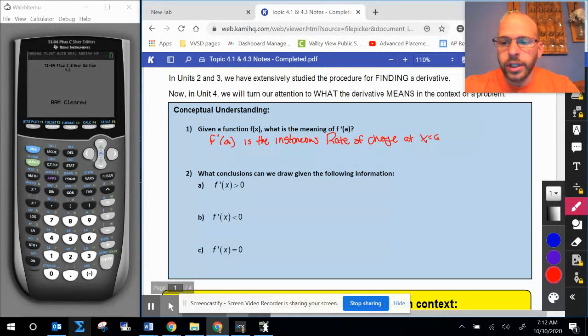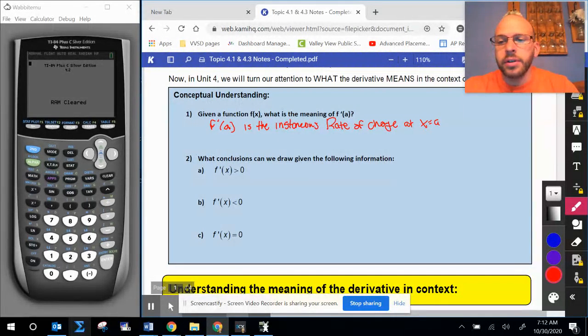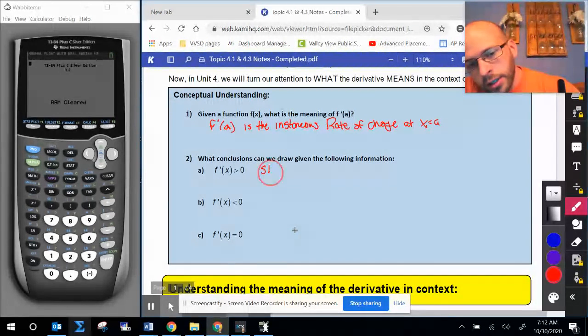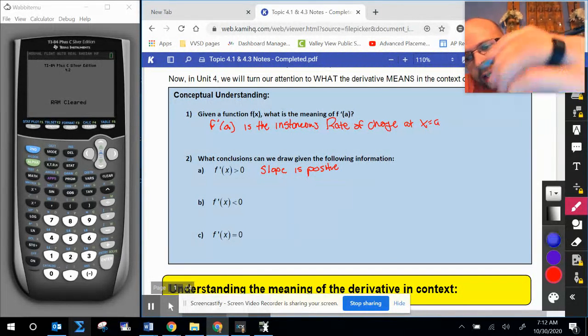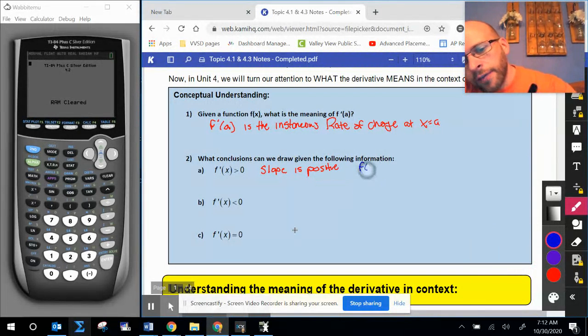And I have a few inequality statements below. If I were to say that the derivative is greater than 0, what conclusions can you draw? Well, if the derivative is greater than 0, I know that the slope is positive. And a better way to say that is f of x is increasing.